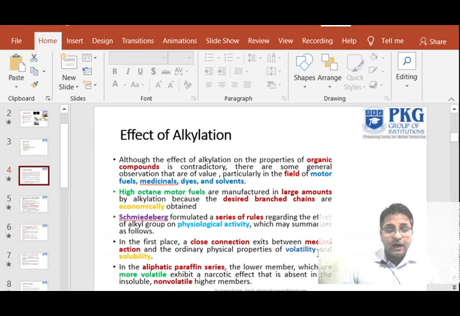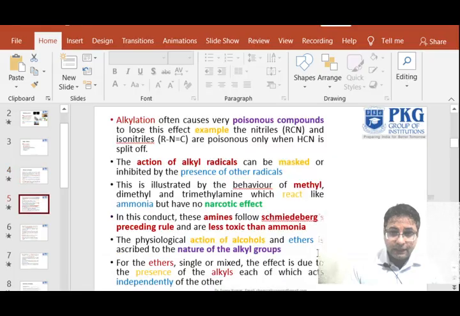So these things are very important. The solubility and the volatility of your solvents are very important for this alkylation, as we have seen.